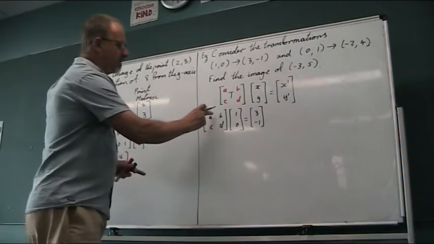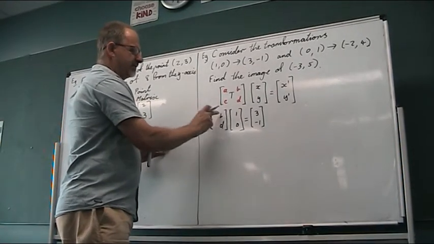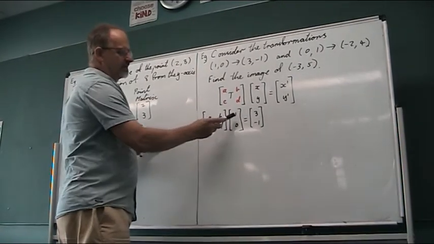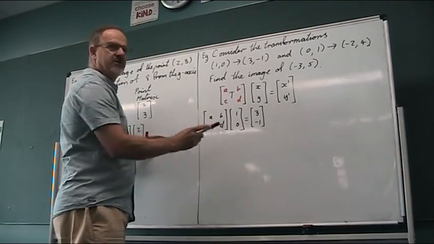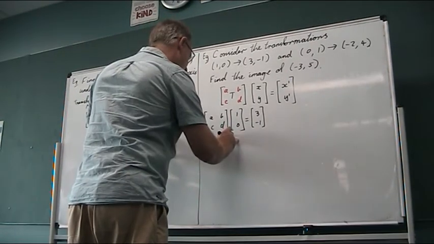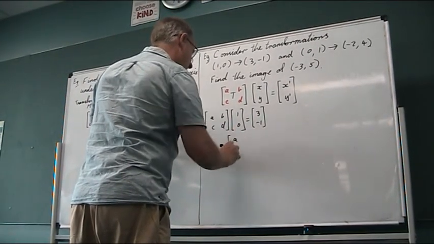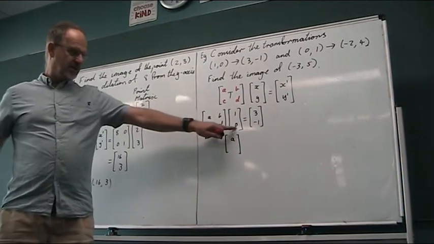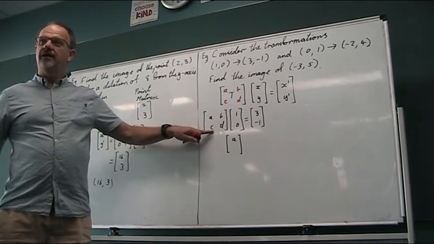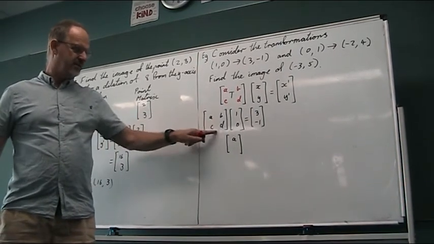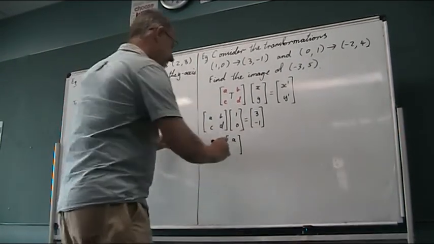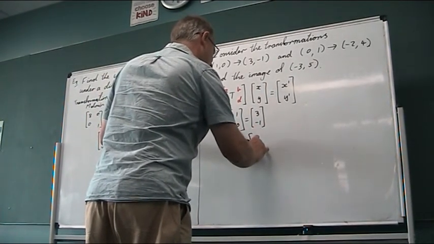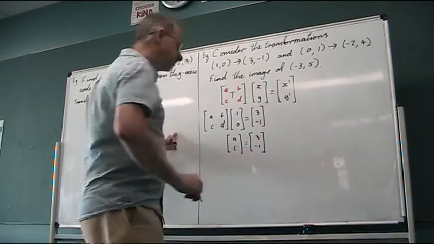So when I multiply these two matrices together, what do I get? I get A times 1 plus B times 0, which is A. And the next row, C times 1 plus D times 0 is just C. 3, negative 1.